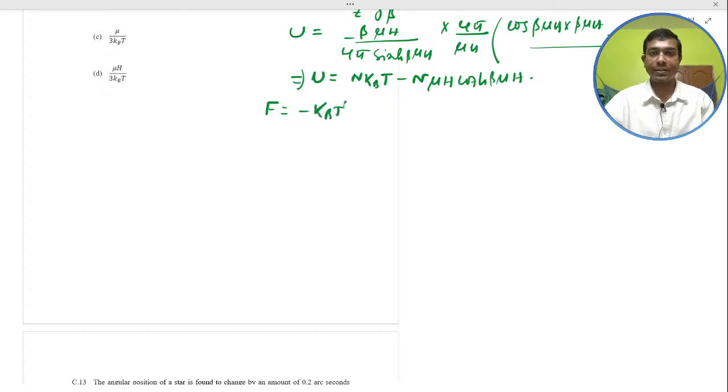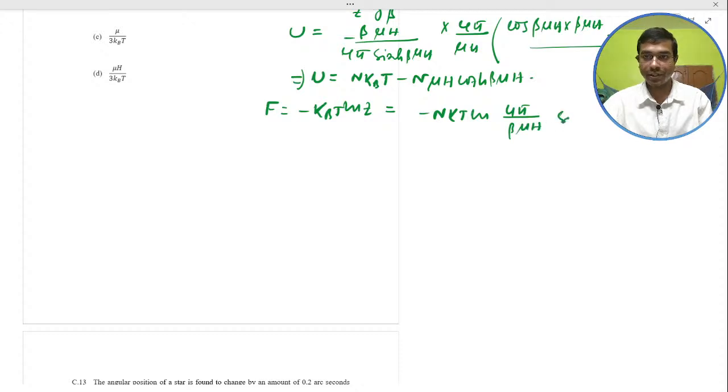F = −kT ln Z. So this is −nkT ln, put this value and do the mathematical calculation: 4π sinh(βμh) over βμh.